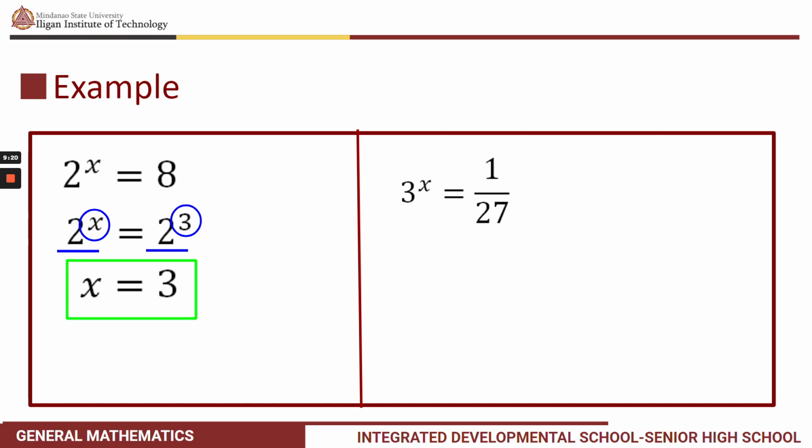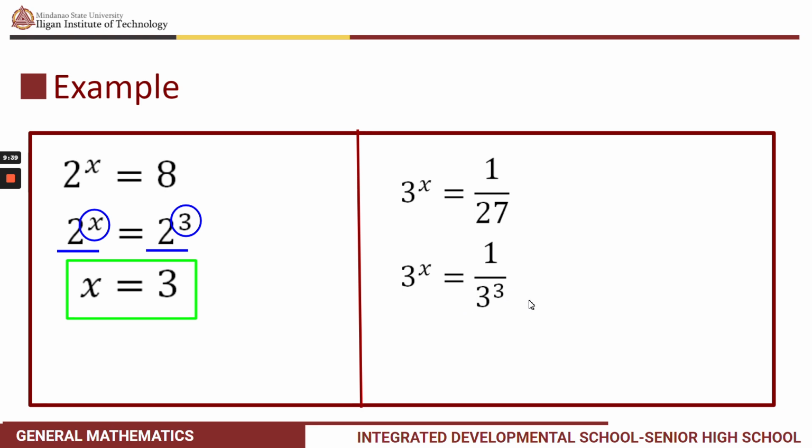So, kapag ganyan, nangyayari, we have 3 raised to x equal to 1 over 3 cubed. Diba? 3 cubed is just 27.